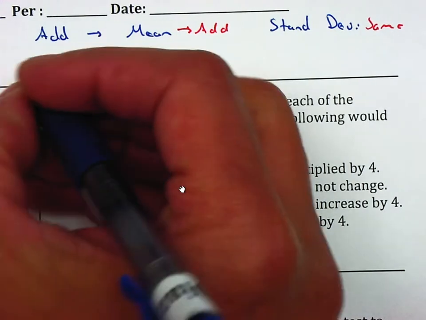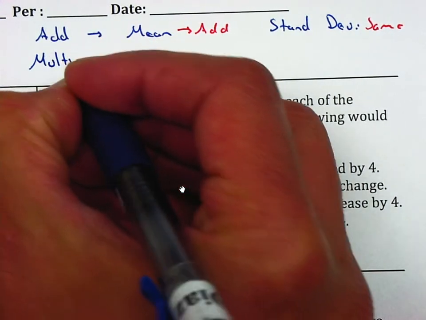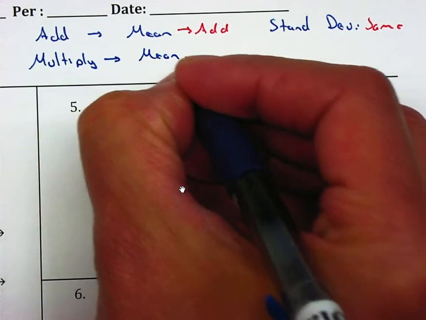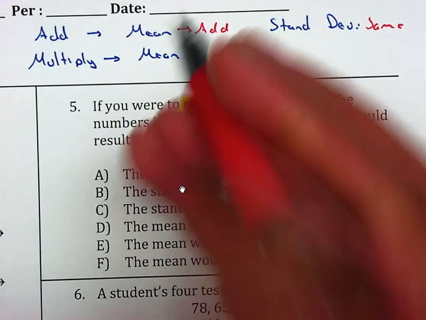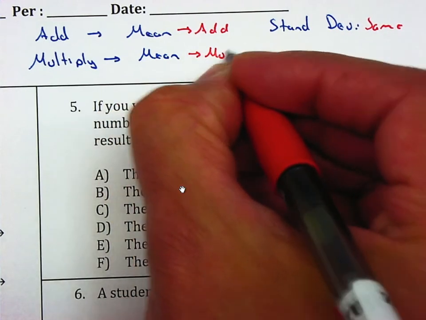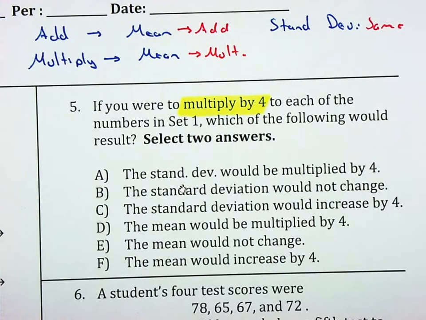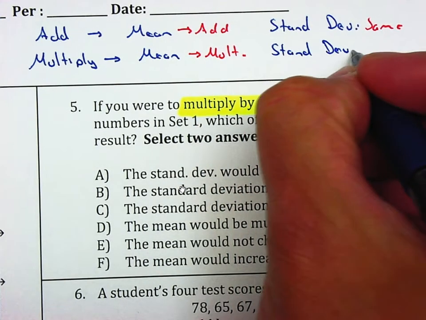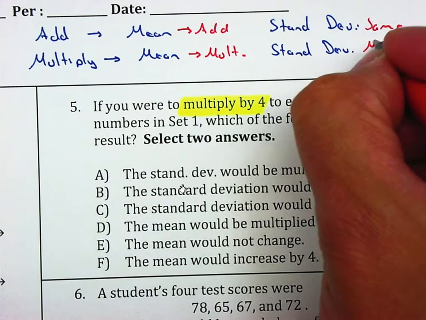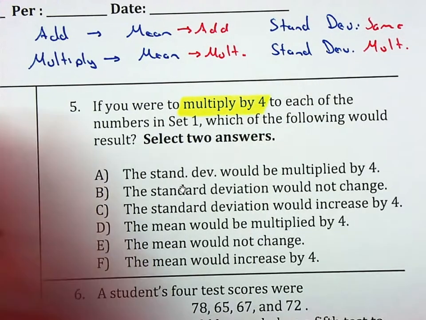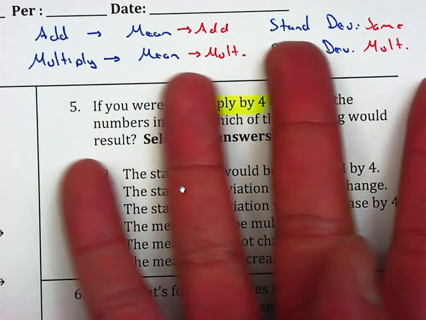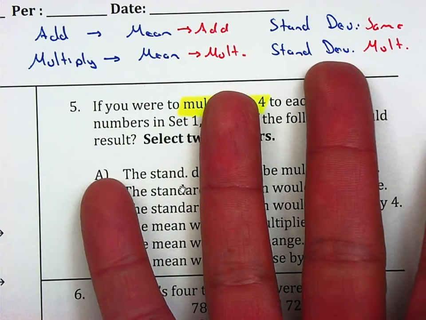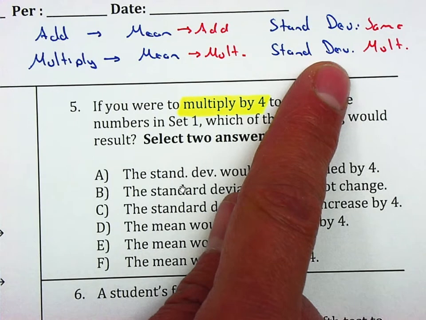But whenever you multiply, then your mean gets multiplied, and your standard deviation gets multiplied as well. So whenever you multiply, they expand. They still shift, but they also expand, and therefore your standard deviation also changes.